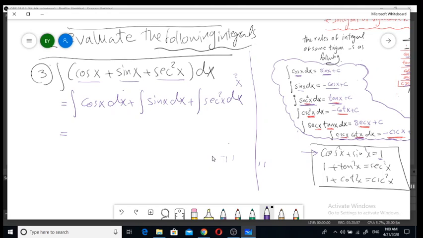The integral of cosine x is going to be sine x, plus the integral of sine x, negative cosine x, plus the integral of sec squared x, tan x, plus c. And also we can find the simplest form, sine x minus cosine x plus tan x plus c. And this is the final answer.